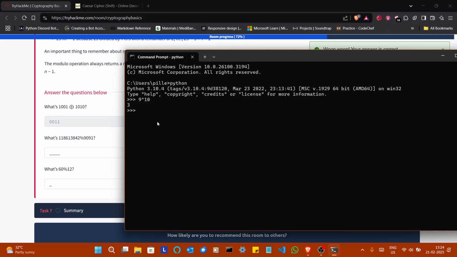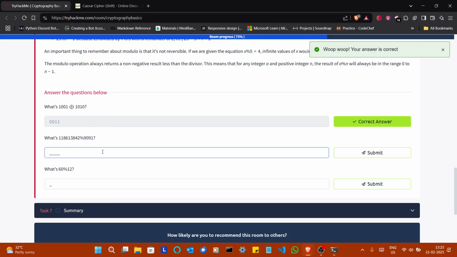Okay, it is a modulo operation. 118613 modulo 9091. So this results in 3565. Cool.